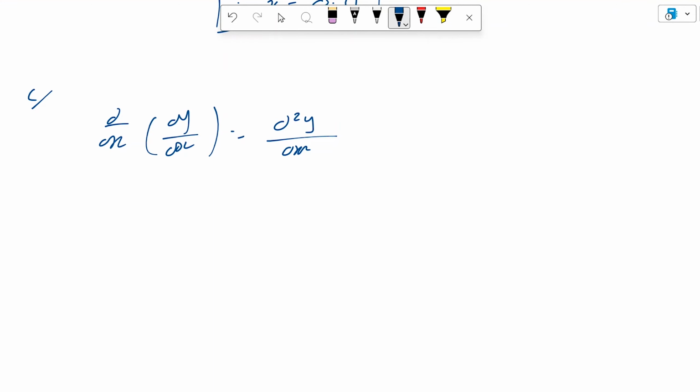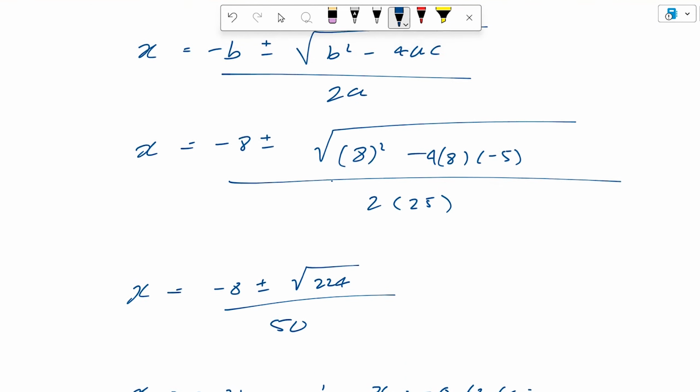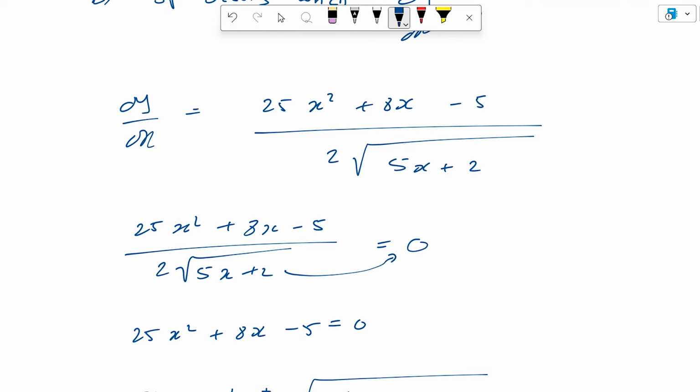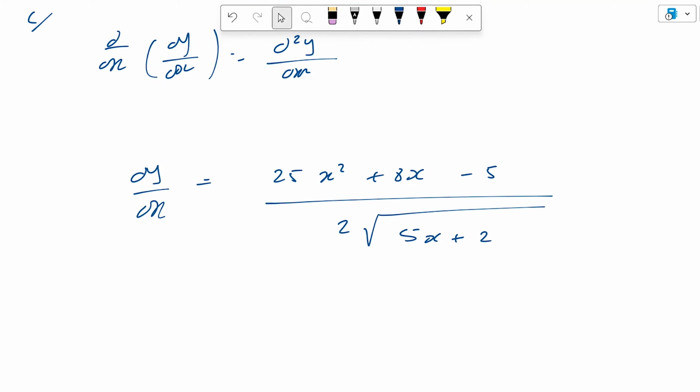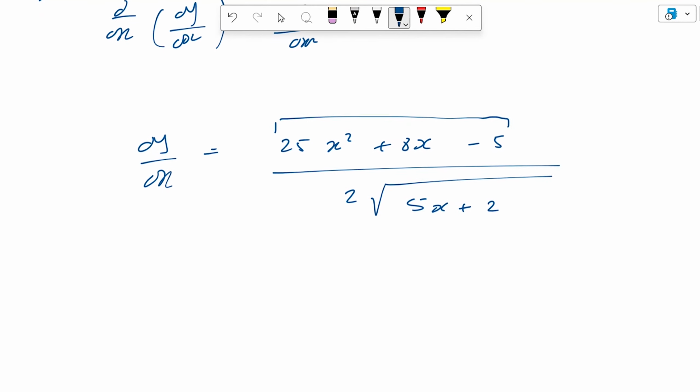But we are not going to do this here because we have this kind of equation, which I'm going to explain in a moment. And this equation has a quadratic part to it. So we can simply use that to get our answer.